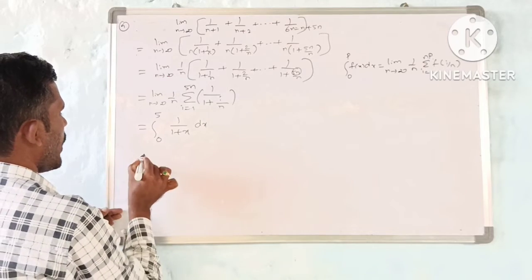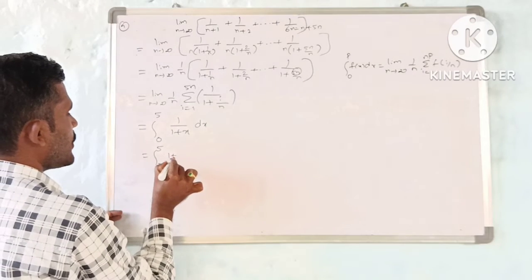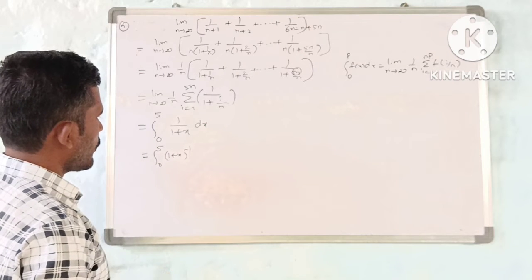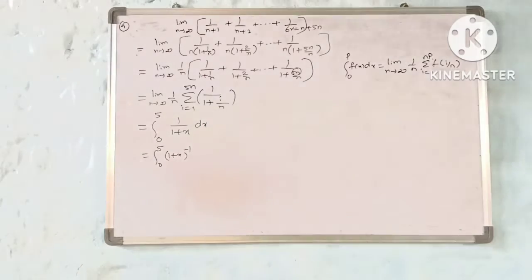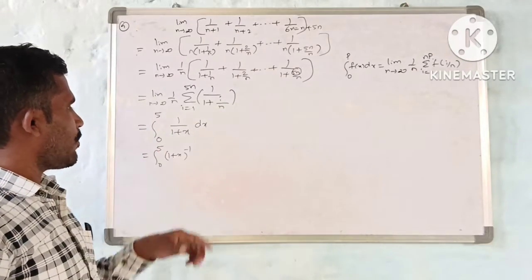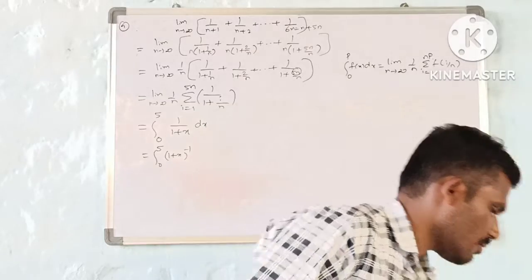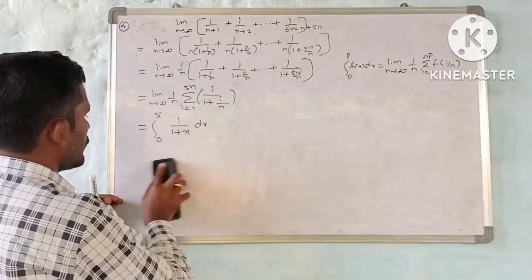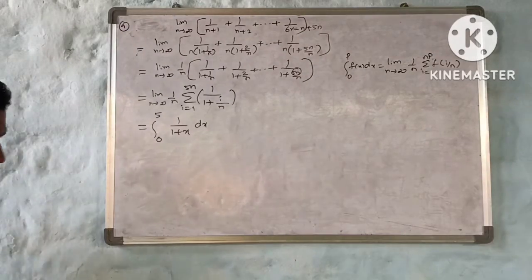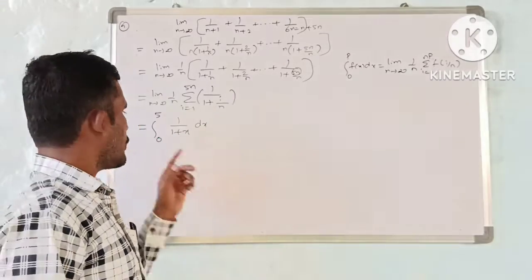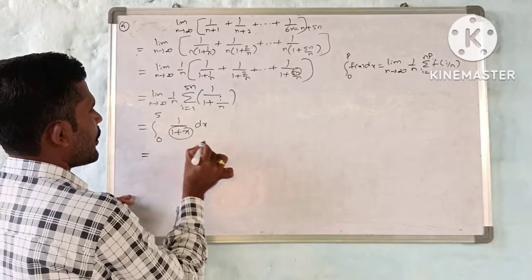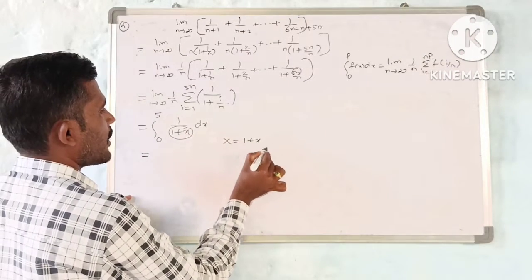So I am taking this as 0 to 5, 1 by 1 plus x integration, and I am taking the whole 1 plus x as a capital X. So capital X is equal to 1 plus x.